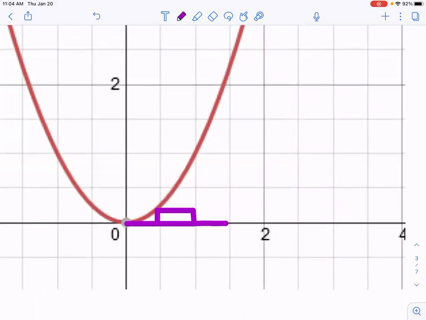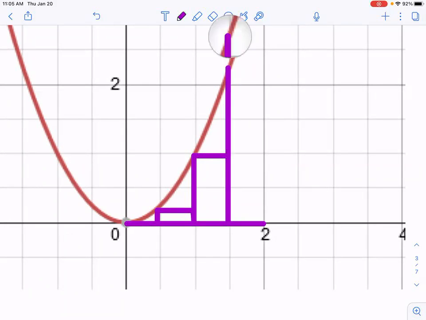Then from 1 to 1.5, the left corner would touch here. And then from 1.5 to 2, our left corner would touch here.